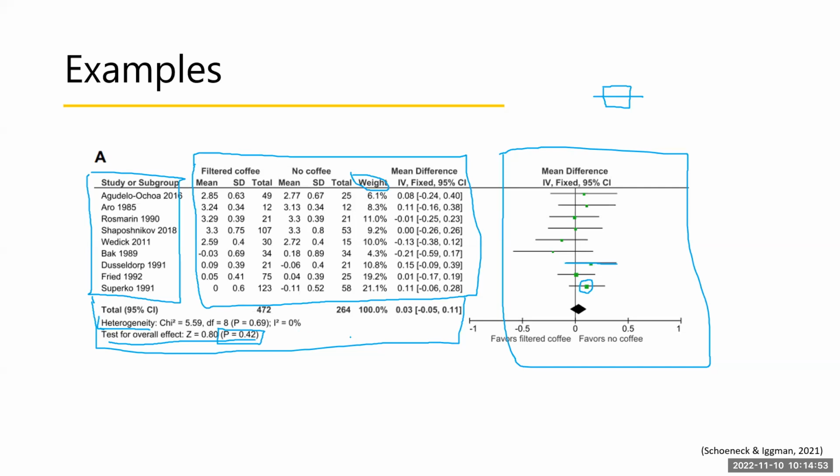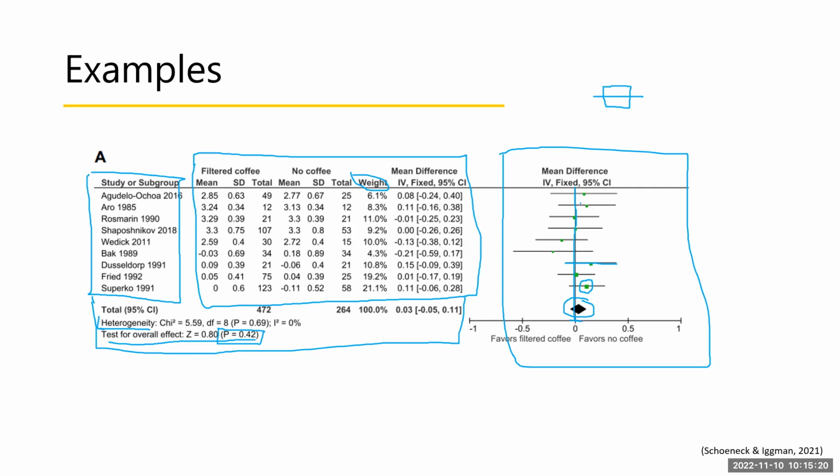But we can also know that this study showed no statistical significance because of this line right here. So this is our vertical line of no effect. So basically, if this diamond crosses or touches that line, you can tell right off that this shows no statistical significance, which is pretty cool, right?